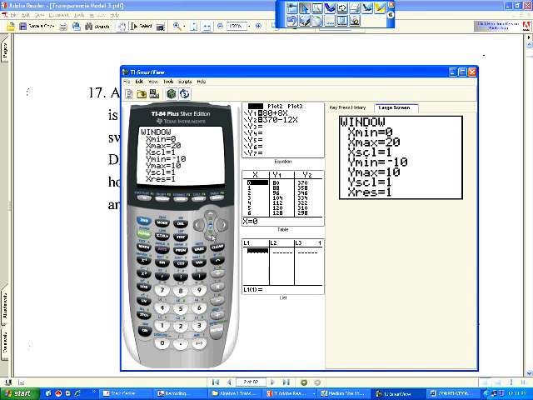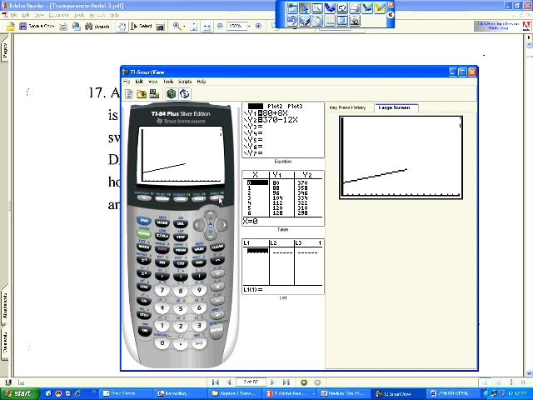But I do have a minimum of 0 because one of them's draining theirs, and the other one had 370 gallons in it, so let's just go over that some. Just make it 500. The scale could be 50 on that, or you just leave it 1, not a big deal here. We got our equations in y equal, our window fit data, so we should be able to graph and see those.